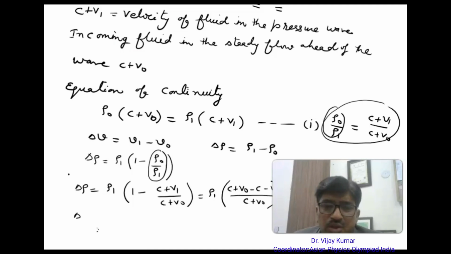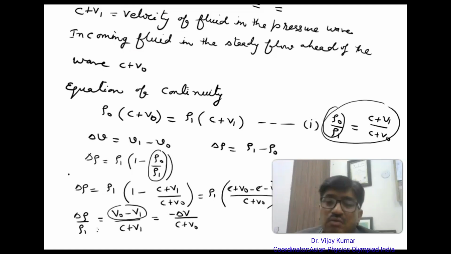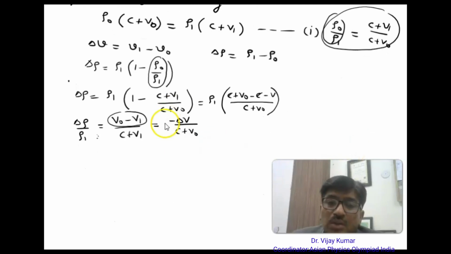Delta rho upon rho 1 equals, C cancels out, (V naught minus V1) upon (C plus V naught), or V naught minus V1 may be written as minus delta V upon C plus V naught.